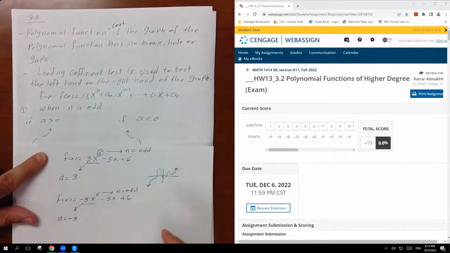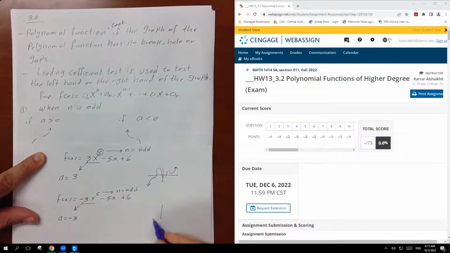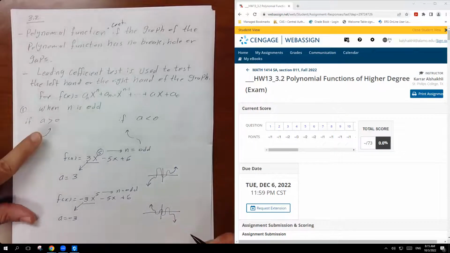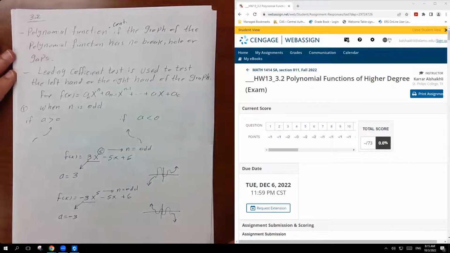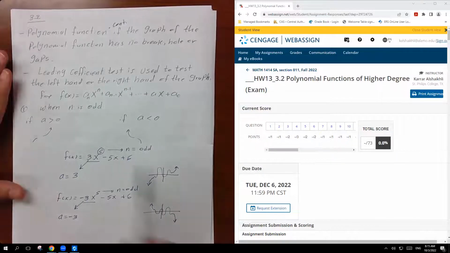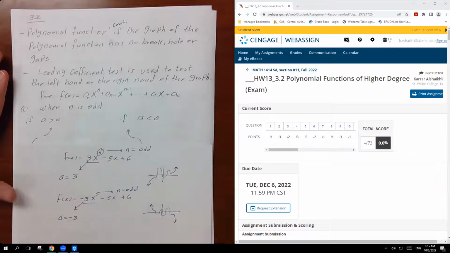A is negative, so when I graph the polynomial function, this side is going to be up and this side is going to be down. Again, I'm not going to care about the middle because I'll figure it out in the next step. That's the end behavior, which they also call the left-hand or right-hand behavior of the graph.